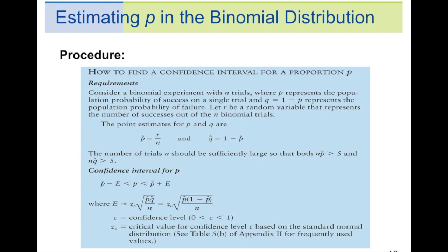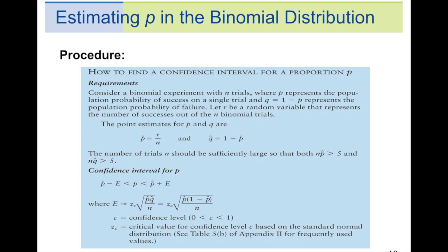The confidence interval for P is P hat minus E is less than P, which is less than P hat plus E, where E is equal to Z sub C times the square root of P hat times Q hat over n, which is equal to Z sub C times the square root of P hat times 1 minus P hat over n.